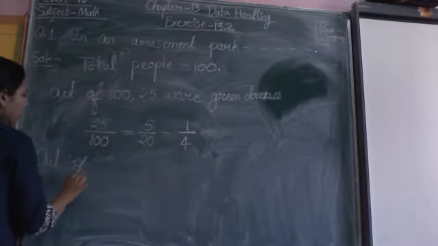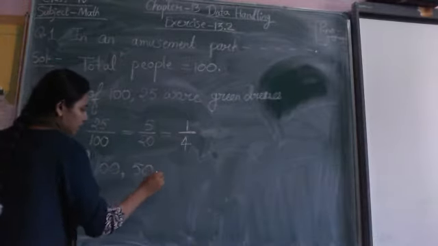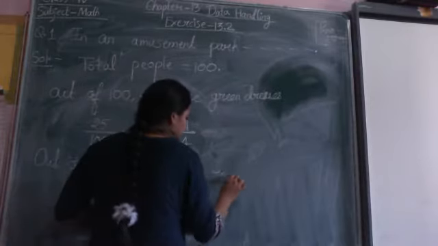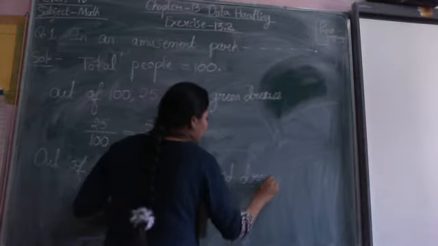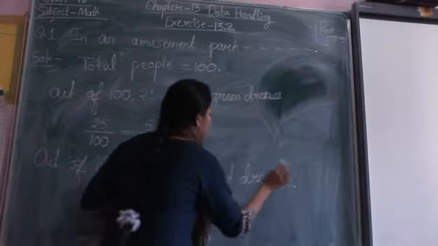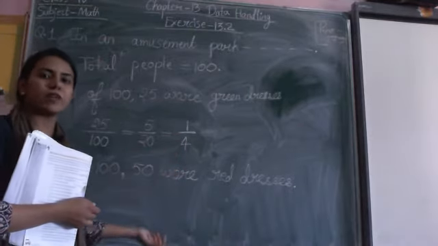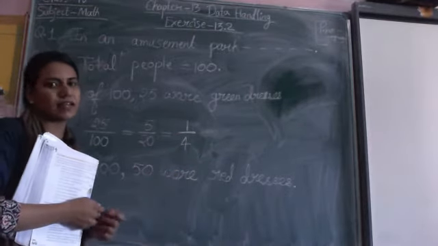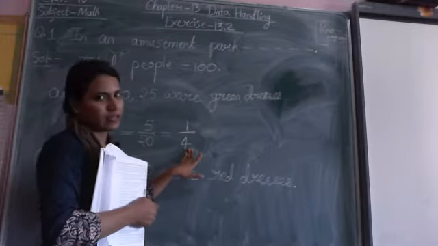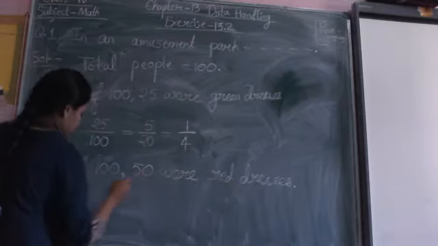Now out of 100, 50 people wore red dresses. We are converting our numbers into fractional form so that we can represent data on the circle graph.